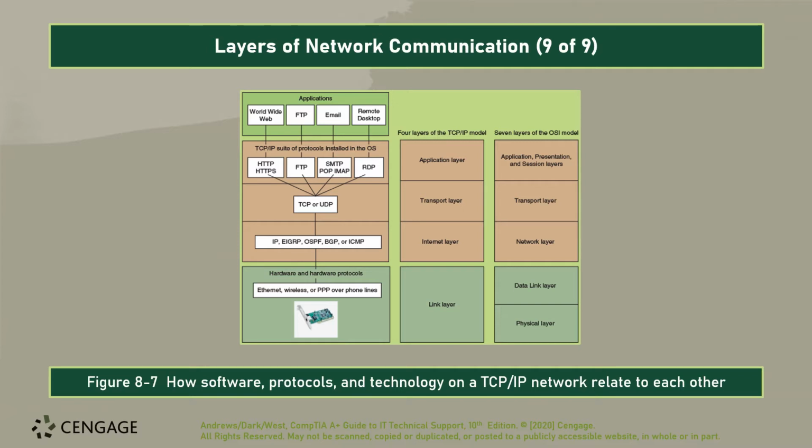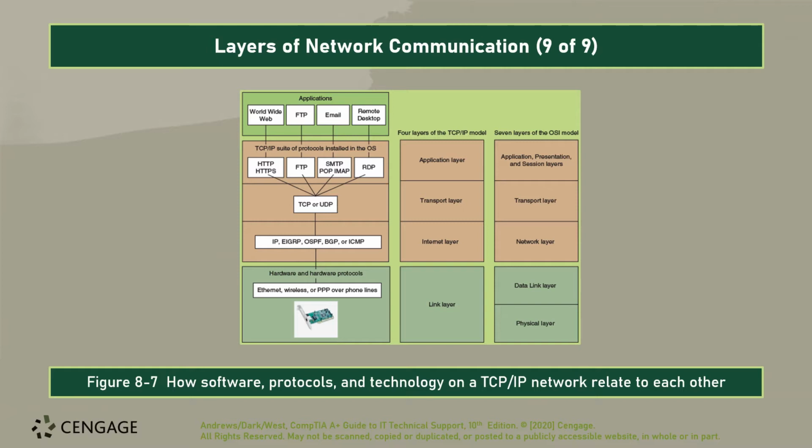We can see that application, session, and presentation in OSI are all separate layers, but they get merged for the purposes of TCP/IP. Transport stays the same, and because TCP/IP is the protocol of the internet, the network layer, being a bit more abstract and more general, becomes the far more specific internet layer. Lastly, down at the bottom in the darker green, we see that the data link and physical layers in OSI merge into the link layer in TCP/IP.